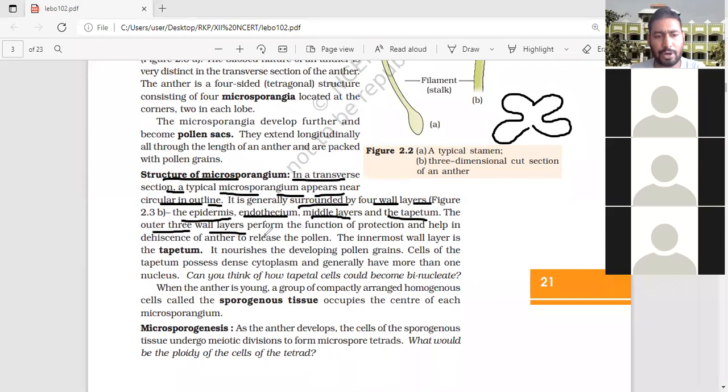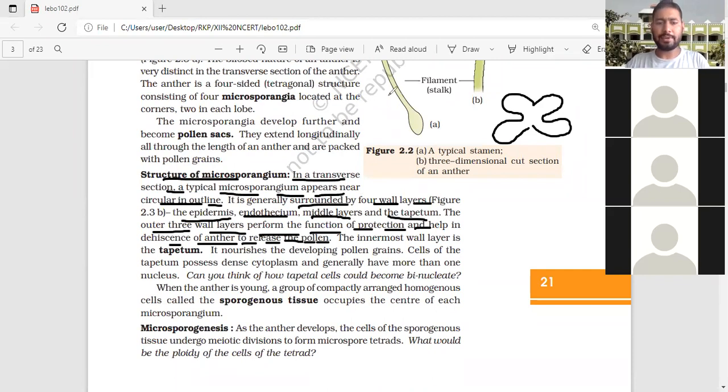The outer three wall layers perform the function of protection and help in the dehiscence of the anther to release the pollen. The epidermis provides protection, the middle layer also provides protection, and the endothecium is involved in the dehiscence of pollen grains.